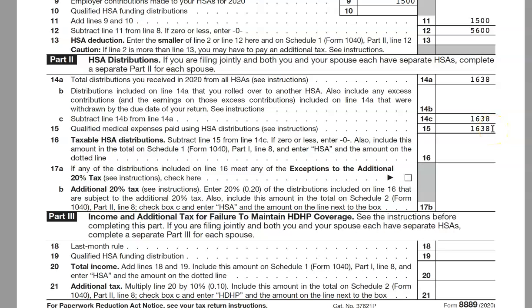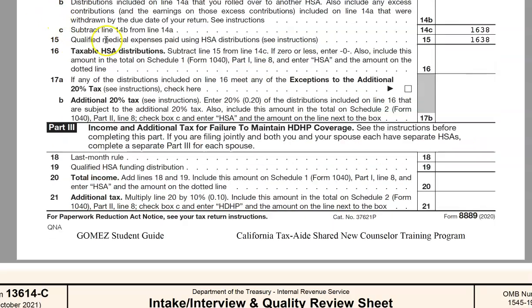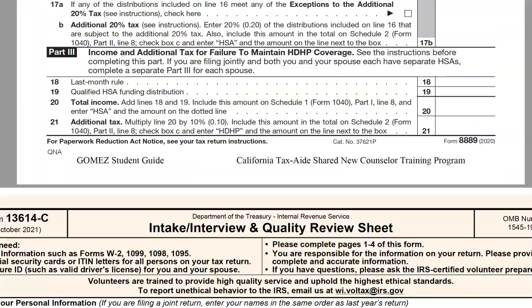That's not a surprise. That's pretty typical. The taxpayer knows what are qualifying expenses, so the taxpayer only takes out as much money from the account as they have qualifying expenses, because if they take more money out than they have qualifying expenses, that is taxable. As you can see here, the result is there is no taxable income.